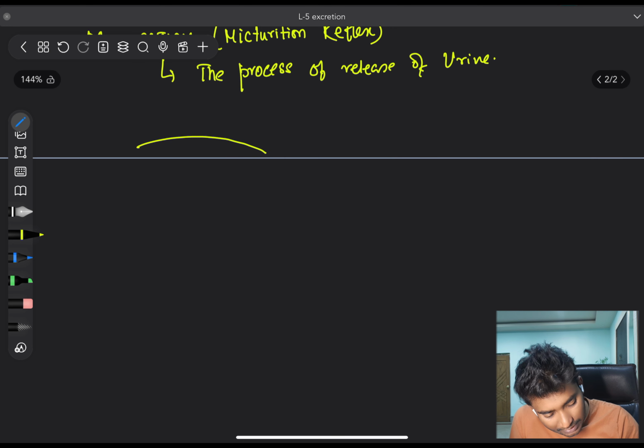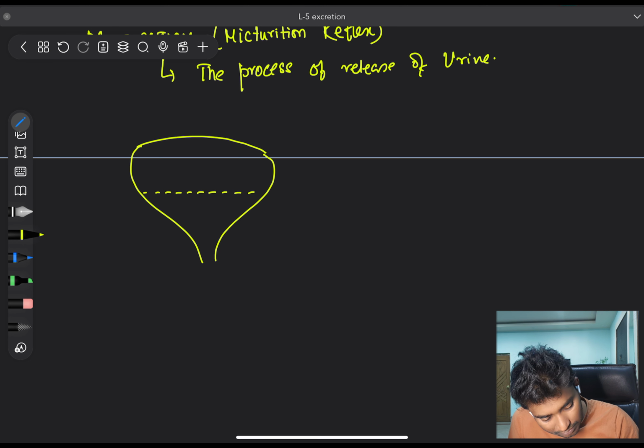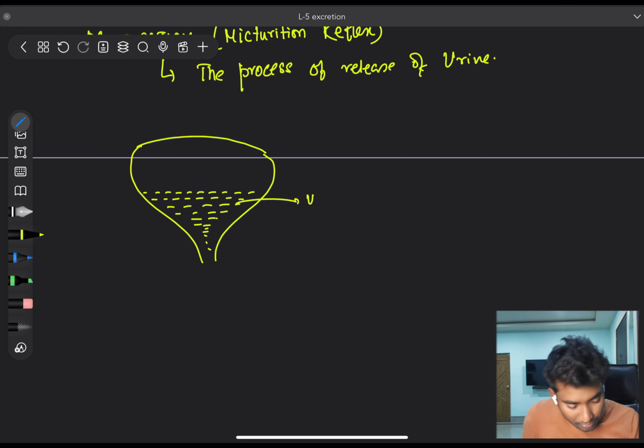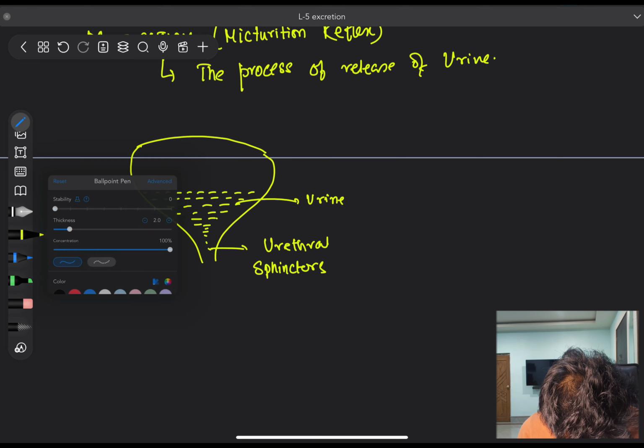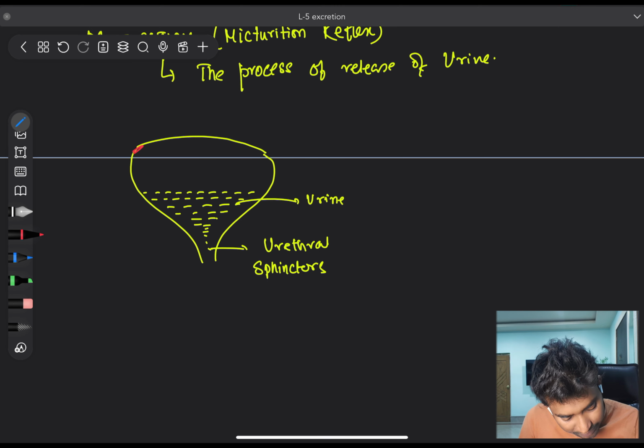Here in the bladder we have stretch receptors. Urine is filled up in the bladder, this is the urine, and this is the urethral sphincter. Here we have some stretch receptors.